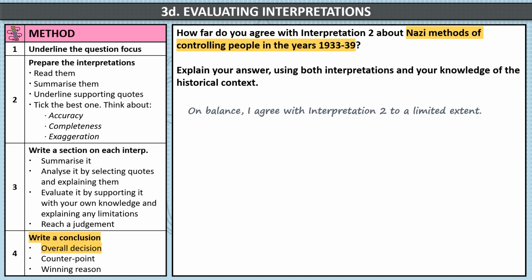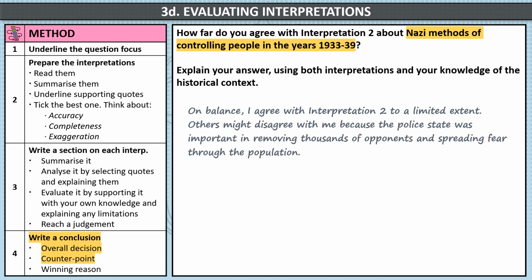The phrase on balance lets your reader know that you're about to conclude your answer. Because interpretation 2 was not my preferred interpretation, I've decided to agree with it to a limited extent. Next, give a counterpoint. This means you need to point out what the best point is on the other side of the argument. In other words, what is the strongest point against your decision?